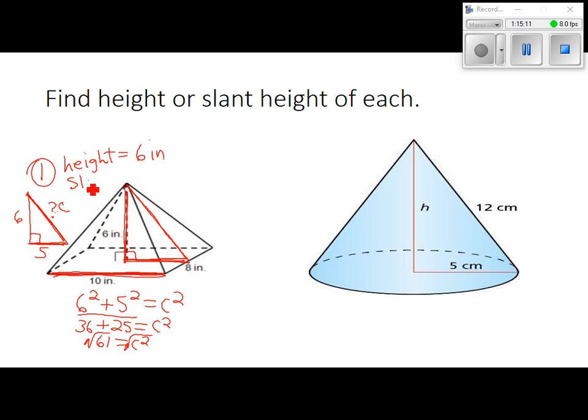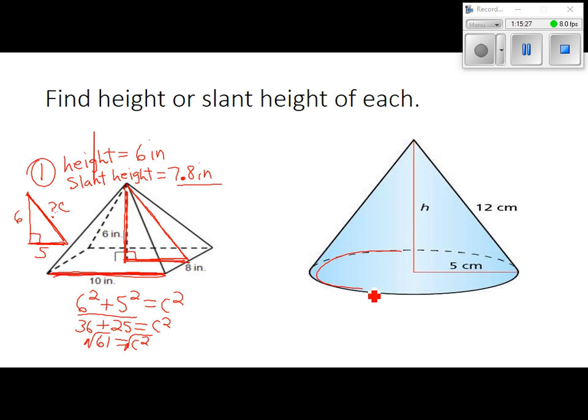So the slant height is going to equal about 7.8 inches. And then we could use that slant height in one of the formulas if that's what we want to do.